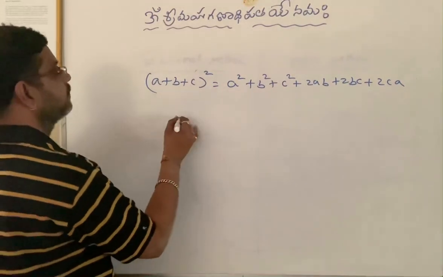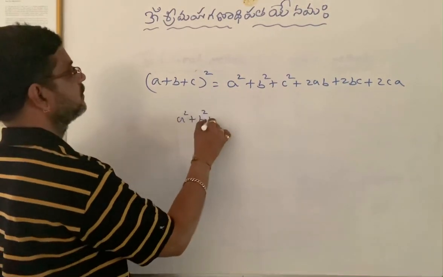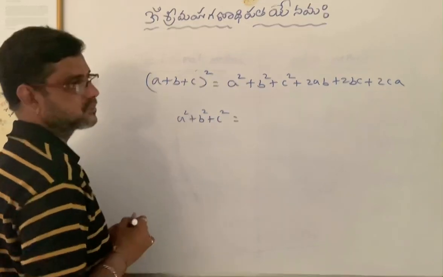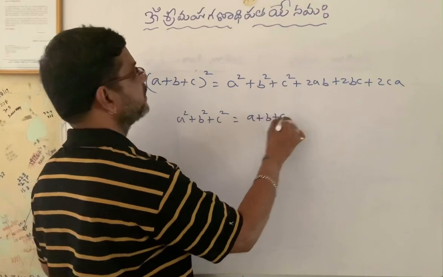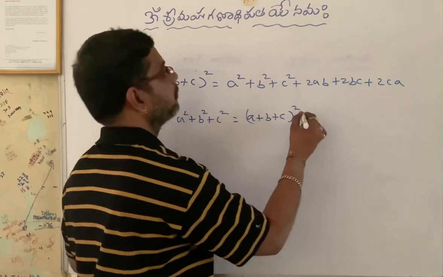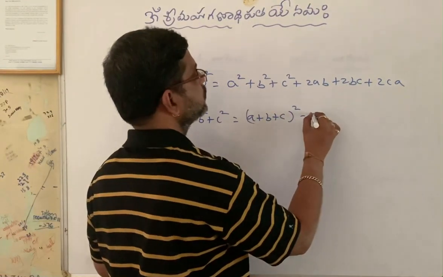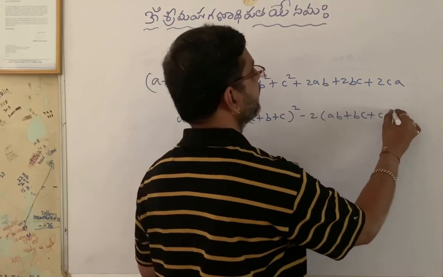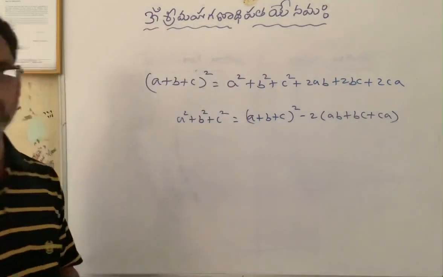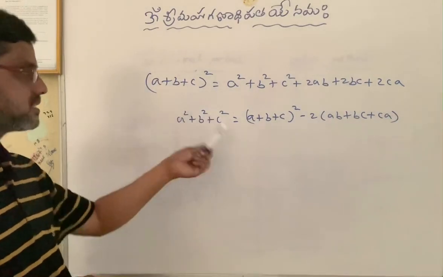From this we can find out a square plus b square plus c square. How? That is (a plus b plus c) whole square minus 2 into (ab plus bc plus ca). This is one formula that we can write from this.